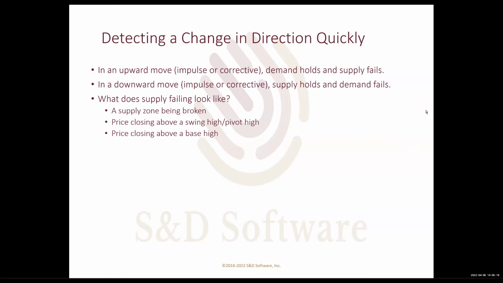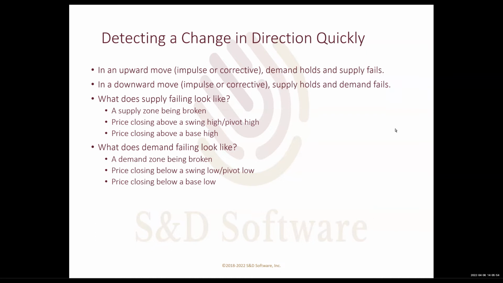It just means that we don't know how much supply is there. So if we get price closing above a base high, then that is going to mean that the supply that was there has now been eliminated. So these three things are all objectively failures of supply. And we can find those all on a chart in an objective way.